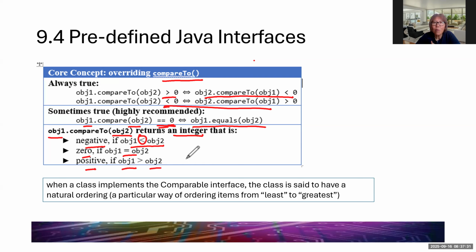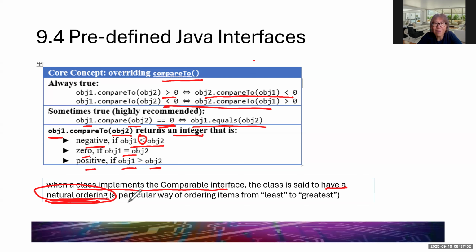When a class implements the Comparable interface, we say the class has a natural ordering, so be careful with this keyword.